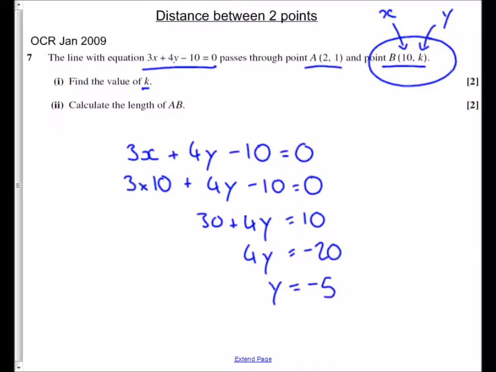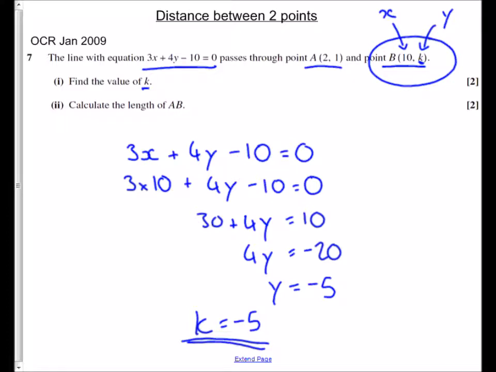And because my y value is minus 5, and k here is my y value, I can say that k is equal to minus 5. It's really important with this sort of question that you make sure you finish by answering the question you're asked. We were asked to find the value of k, not the value of y. So make sure when you're doing this sort of question that you do finish it off at the end.